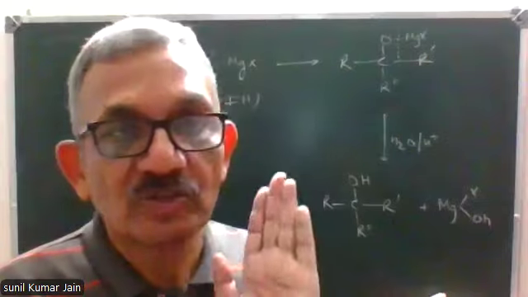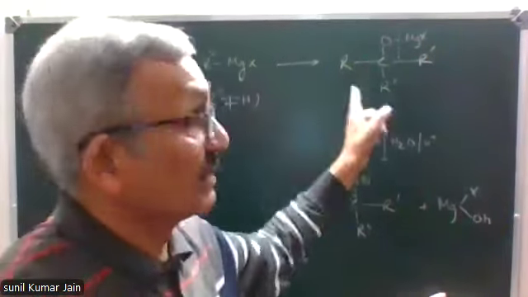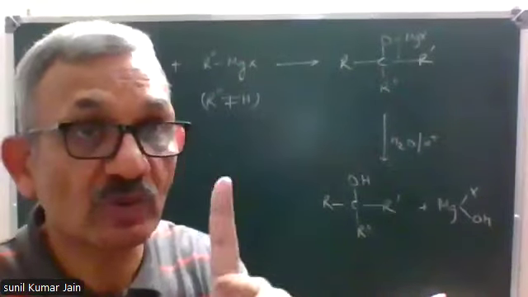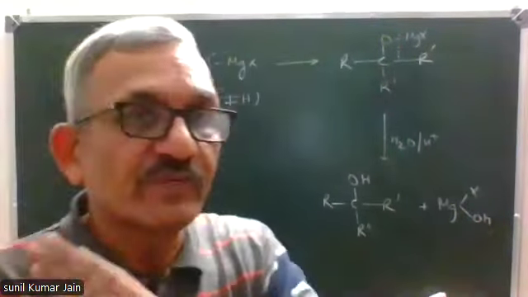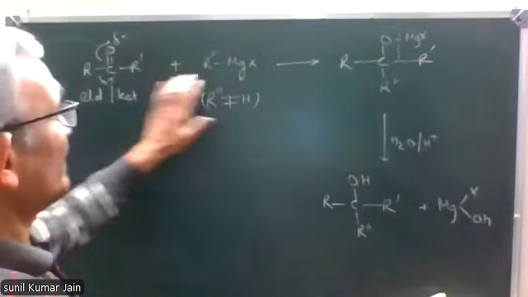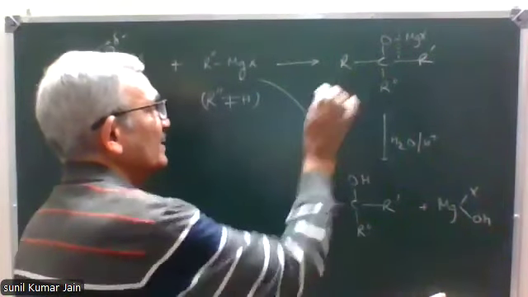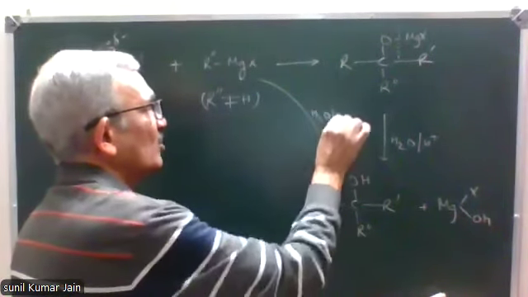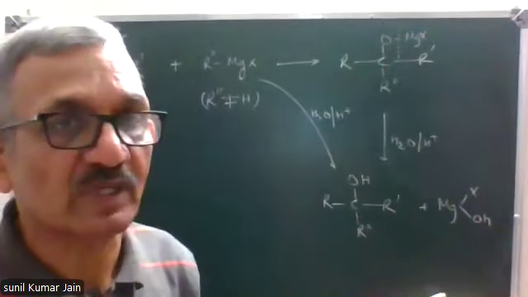Generally, we do not write the intermediate. I'm saying generally, but you should know at times you may be asked to write it. If we do not write the intermediate, what we can do is write these two reactants, and above the arrow we write water or H plus ions, that is hydrolysis, and write the final product.